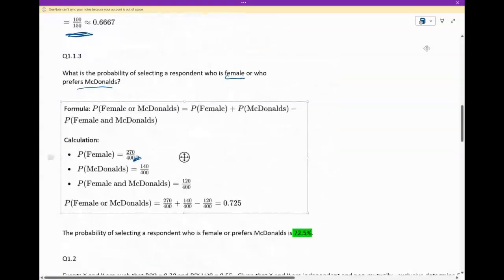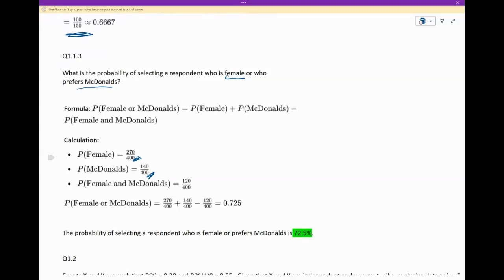But when we have joint probabilities, or when we add probabilities, there is the risk of duplication, because in that 140 that prefer McDonald's, some of them are female. And we've already included all of our female respondents.